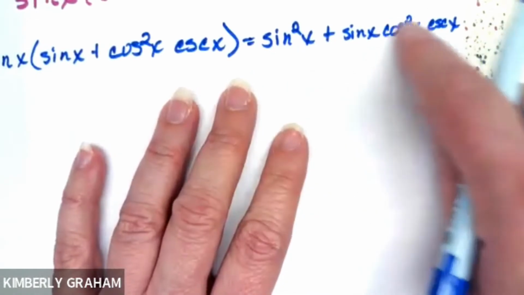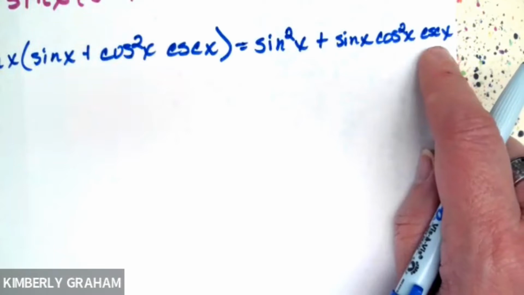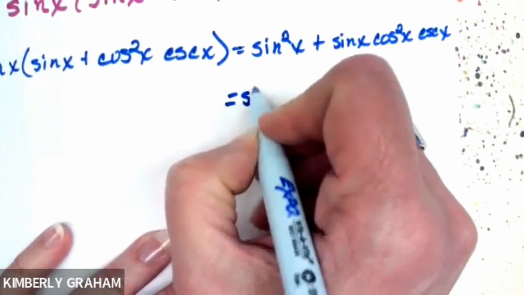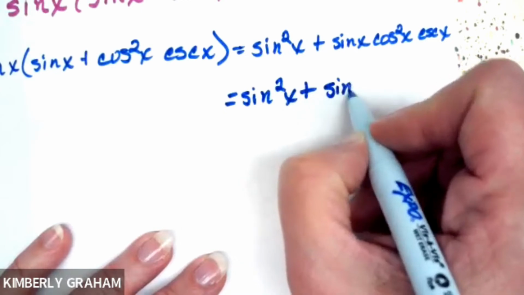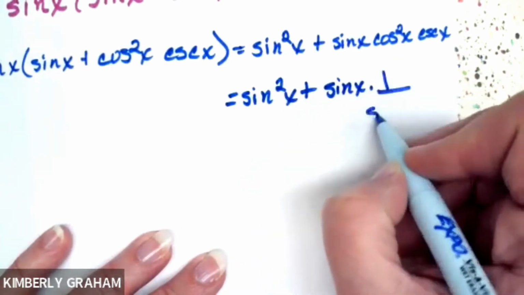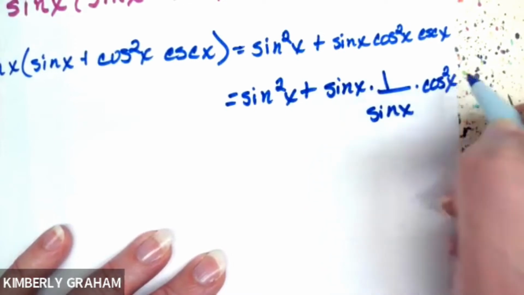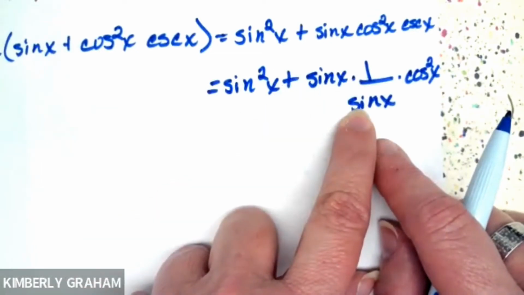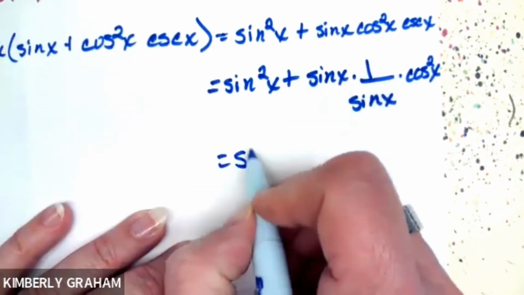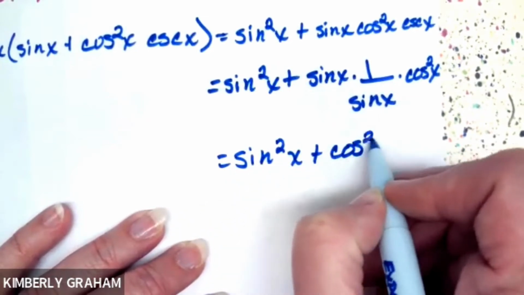I'm going to try and simplify this last part over here because I know that cosecant is 1 over sine. So I'm going to write that cosecant as 1 over sine, and I'm going to put it in the middle here, just so it's easier to see that these are going to cancel out. And this is going to give me sine squared x plus cosine squared x.